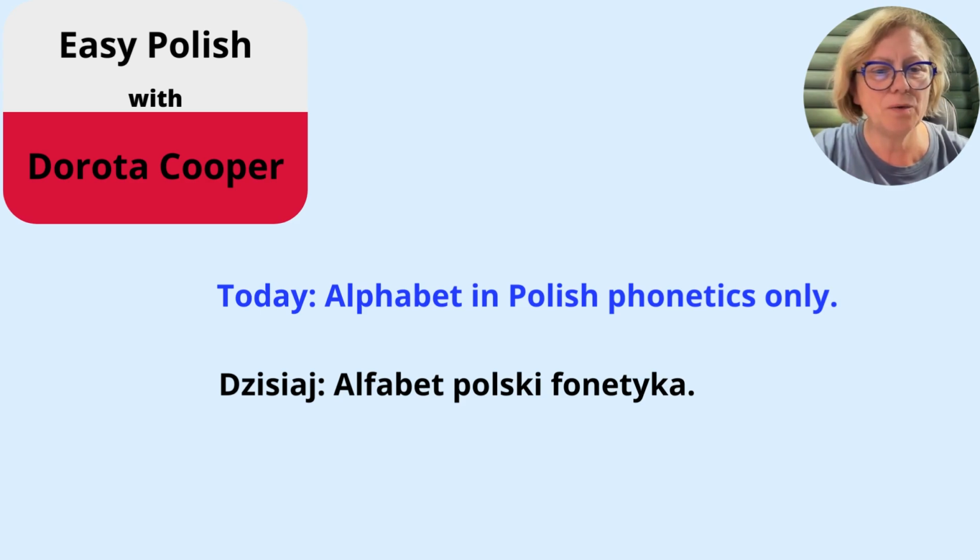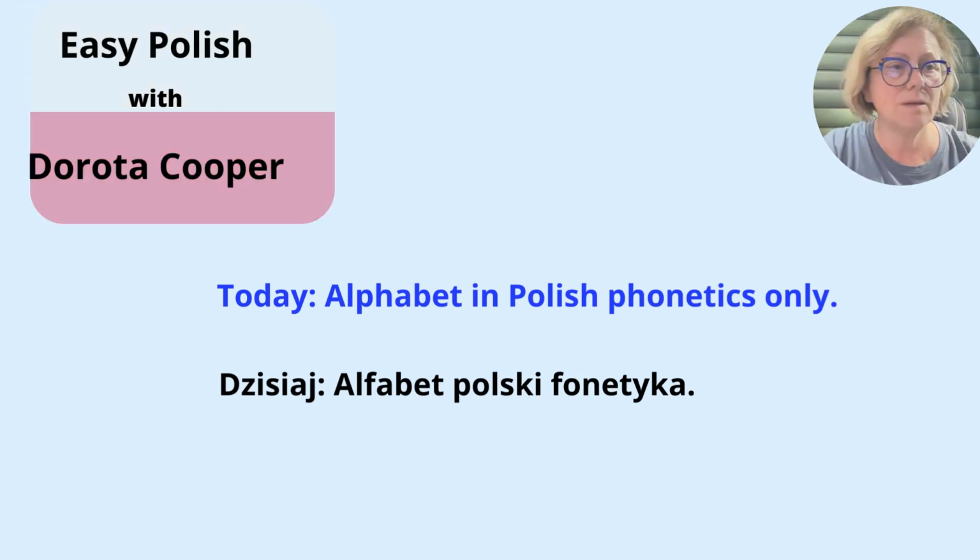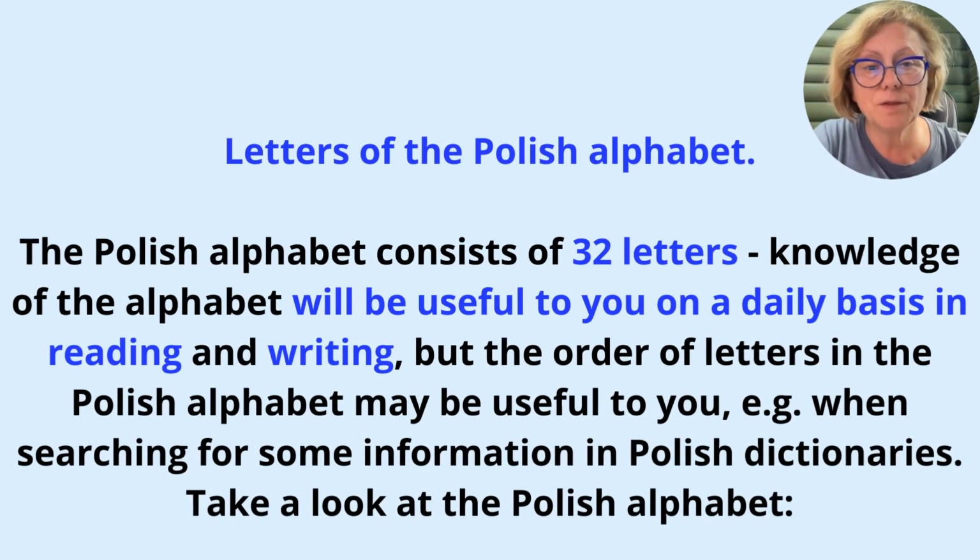Alphabet in Polish. Pronunciation only. Alfabet polski, tylko wymowa. Letters of the Polish alphabet. The Polish alphabet consists of 32 letters.